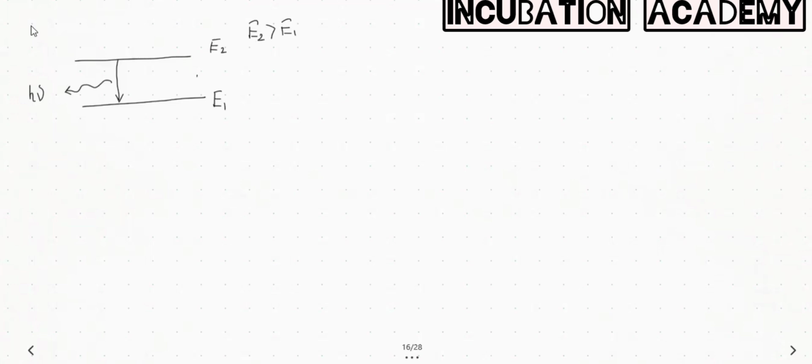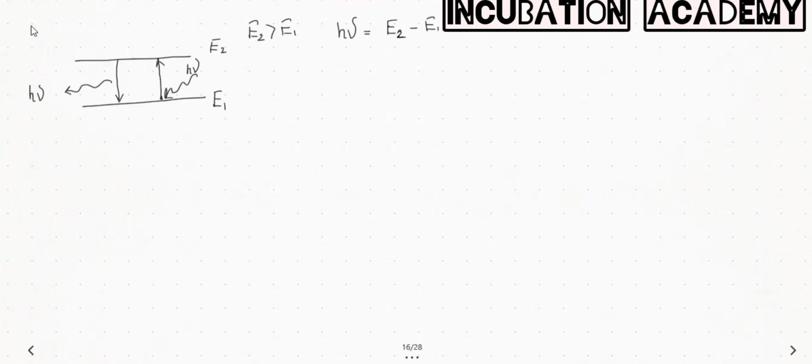Similarly, when a photon falls on an electron at the energy level E1, it transits from E1 to E2. So very simply, h nu equals E2 minus E1.